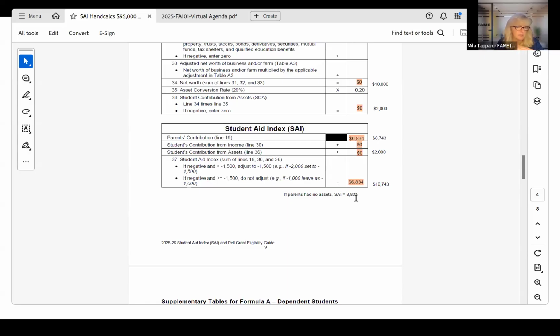If they didn't file taxes, there is nowhere on the FAFSA anymore that they're required to provide their income information. So yes, you are correct. That side of the formula is really simple for a lot of high school seniors because, as you mentioned, maybe they didn't work at all, or they worked some but not enough to have to file taxes. So that's going to be a 0 SAI calculation from income for those students.